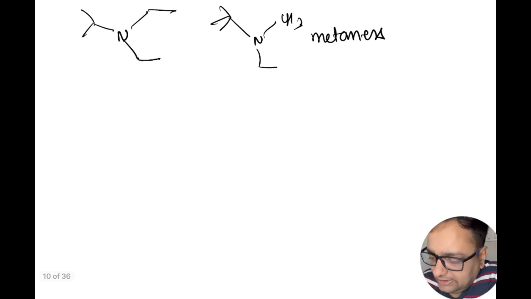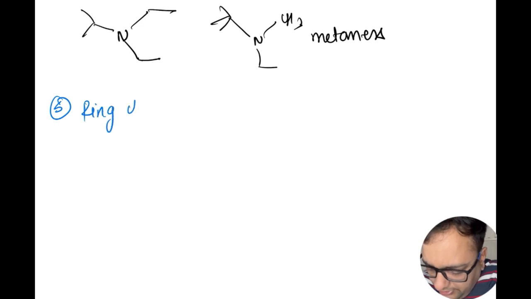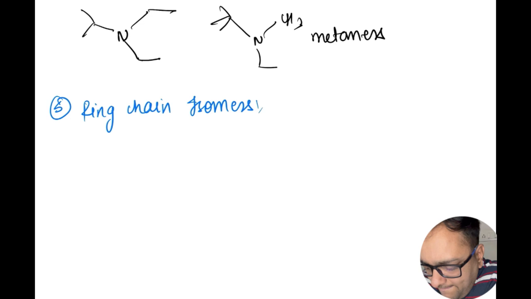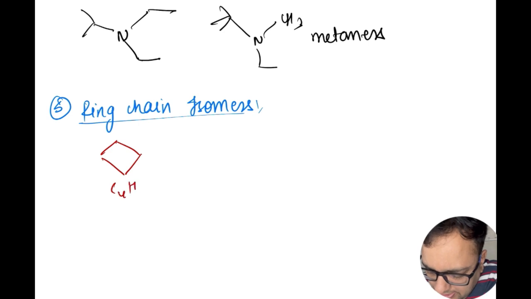Let's take one more type of compound, which is known as ring chain isomer. This is the fifth type of isomer, ring chain isomers. So what are ring chain isomers? One compound is a ring, another is a chain. This is like C4H8, and we have one more C4H8.